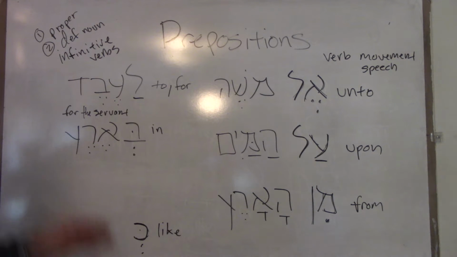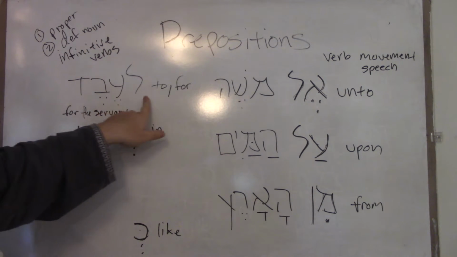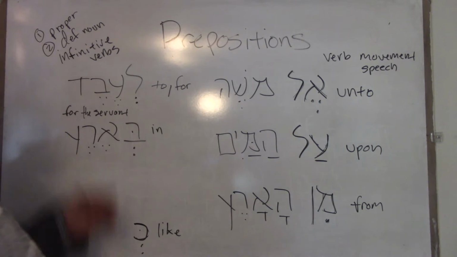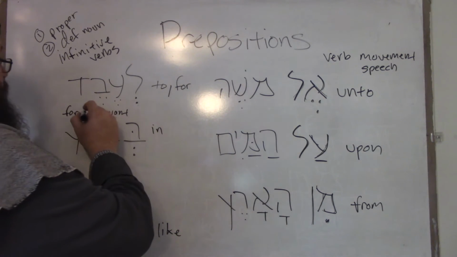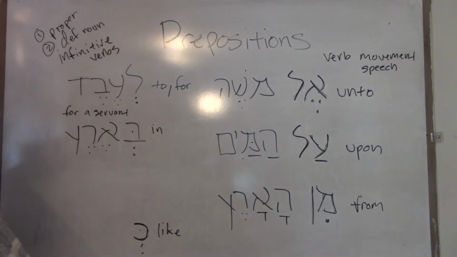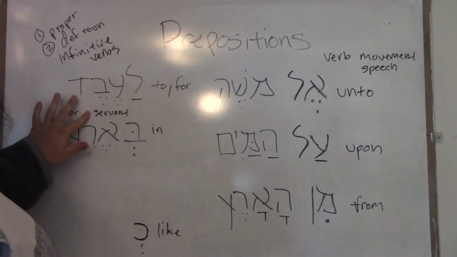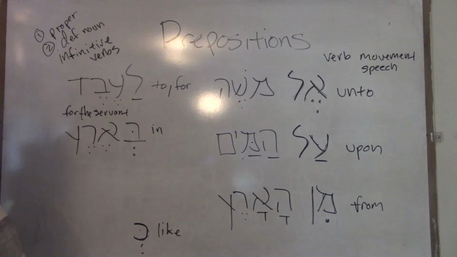You can see the differentiation is simply based upon whether there's a patach or a shwa. If there's a shwa, then this is indefinite because it's an indefinite noun. If I make this a patach, then I have to get rid of my indefinite article and make this a definite noun by adding the definite article.